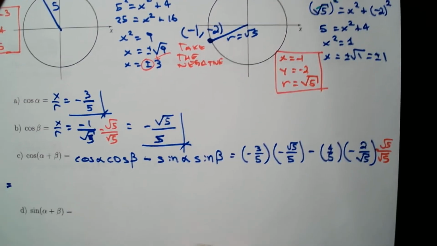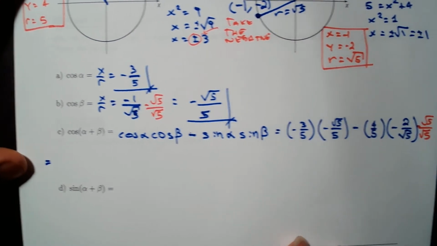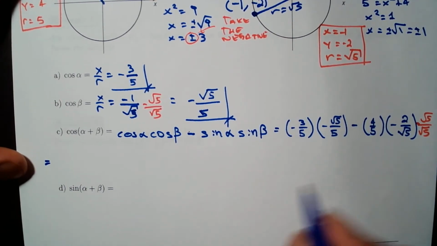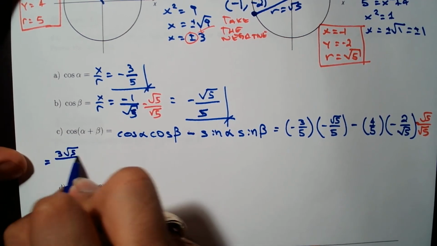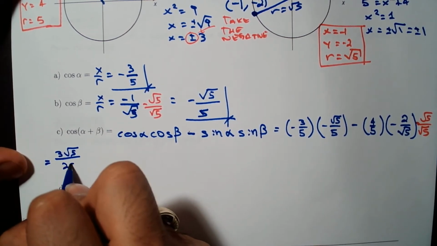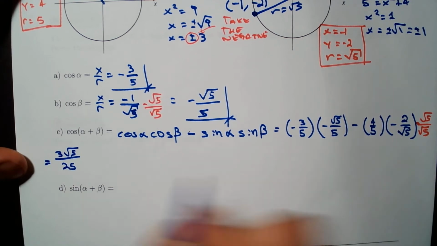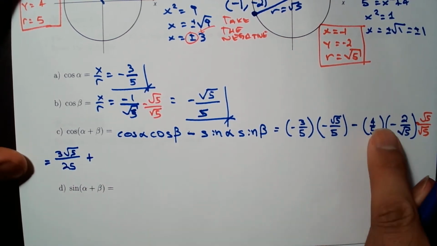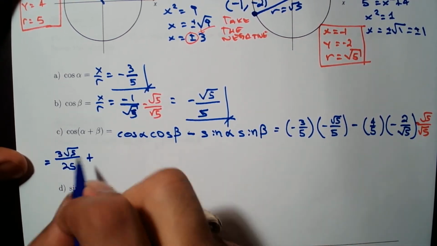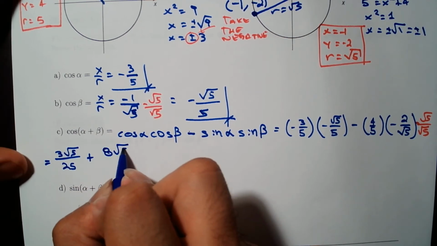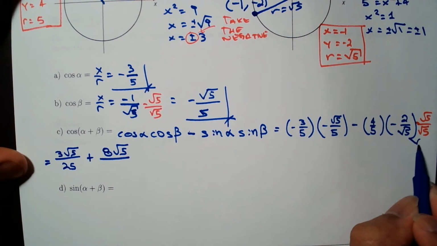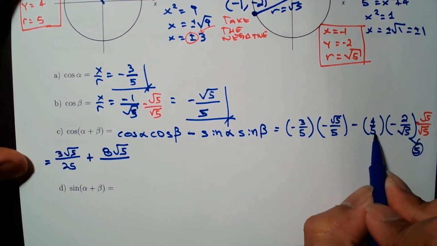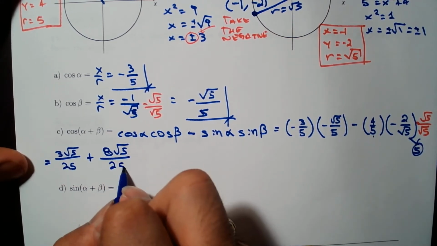So let's multiply this negative times a negative. That's positive 3 root of 5, over 5 times 5, that's 25. Negative times a negative is positive. Well, 2 times 4, that's 8 root of 5 over root of 5 times itself, that becomes simply 5. 5 times 5, that's also 25.